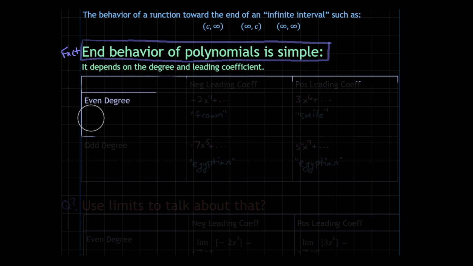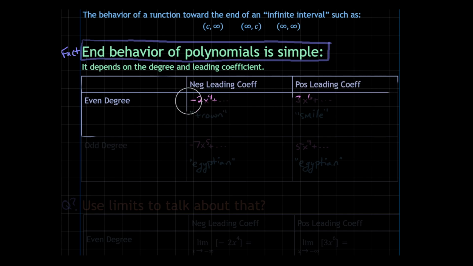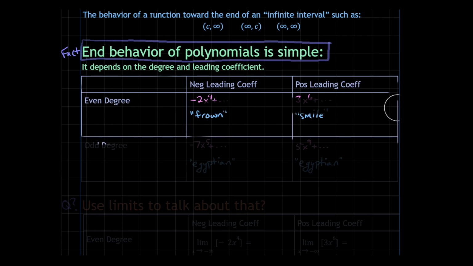Let's suppose your degree is even, and let's look at whether your leading coefficient is positive or negative. When you have an even degree and negative coefficient, you get frowning behavior. It's going to point down as x gets large in either direction.